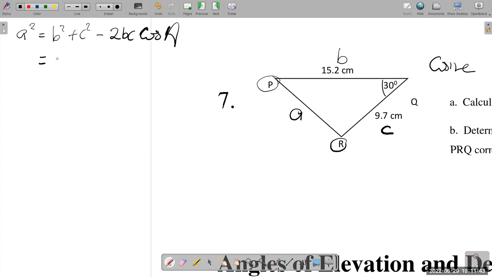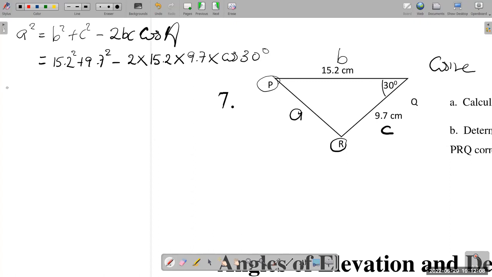So we're gonna end up with 15.2 squared plus 9.7 squared minus 2 times 15.2 times 9.7 times cos 30. Everybody agree with this?